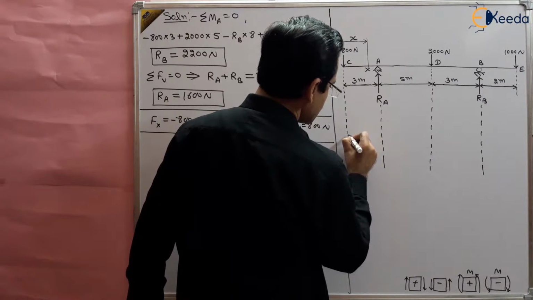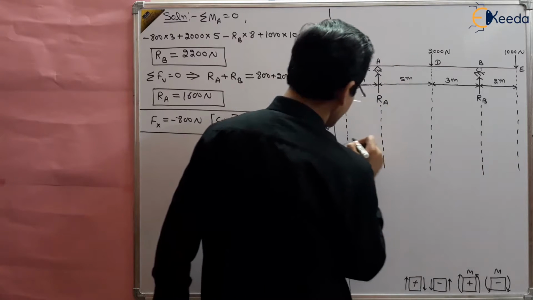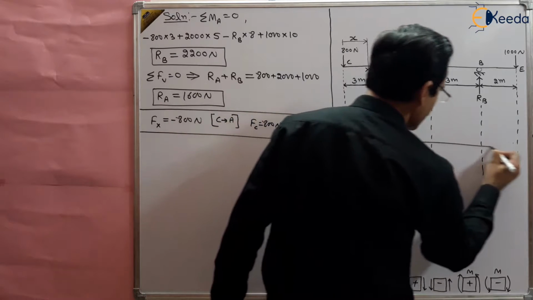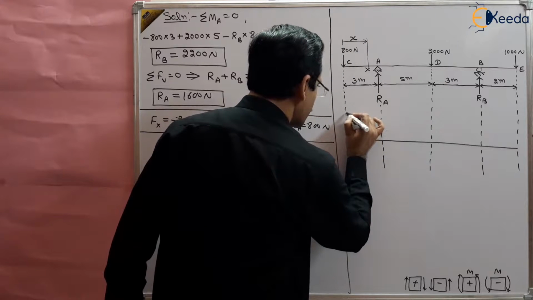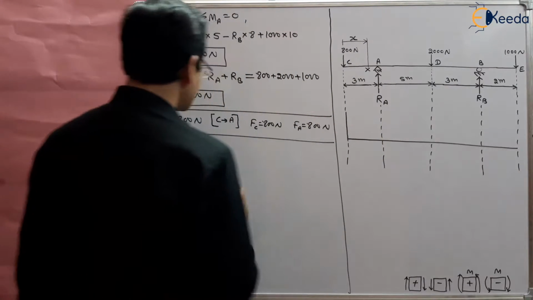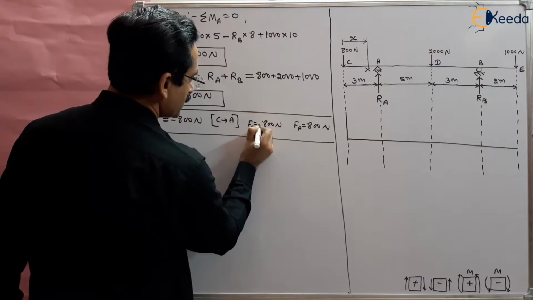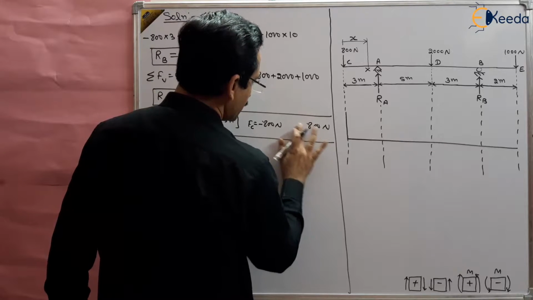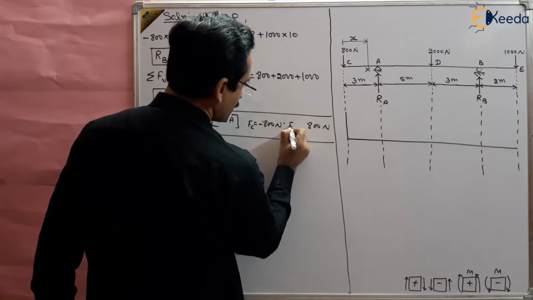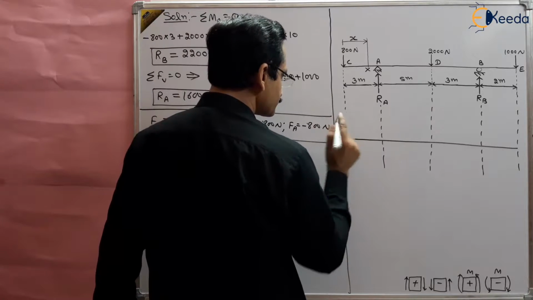Let us take this as a reference line. Here also one point is there. So this is the reference line, and 800 negative. Fc is negative, and Fa is also negative. So this is a negative value.